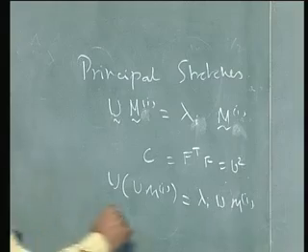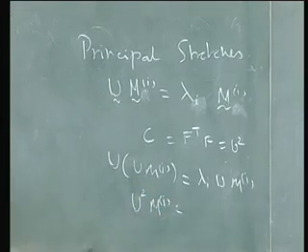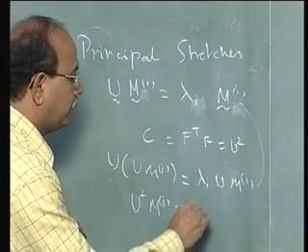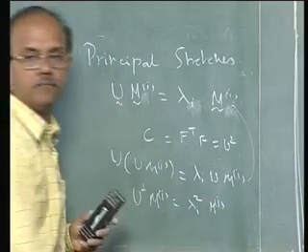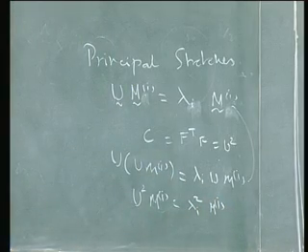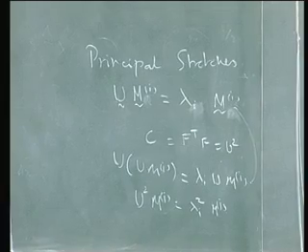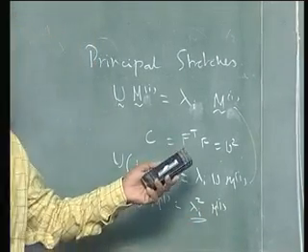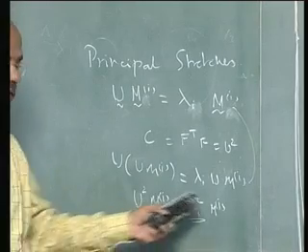So this becomes U squared m_i is equal to U of m_i substituted from here, so that becomes lambda_i squared m_i. It's very simple. So the eigenvalues of C are the squares of the eigenvalues of U, and the eigenvectors do not change.